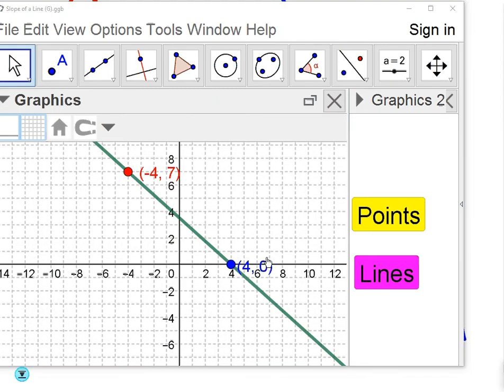You would always do the second, the one on the right, which is 0. The second one on top. Say that again. Well, you do the second minus the first, so it'd be 0 minus 7. If you notice, it goes down 7. The one on the right, the y value on the right minus the y value on the left. Okay?